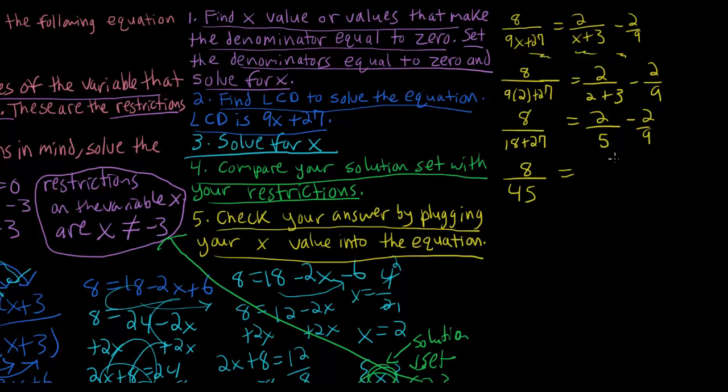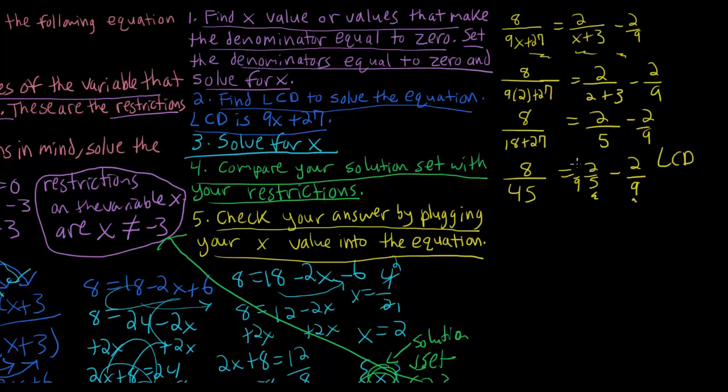equals, we have 2/5 minus 2/9, but we can't subtract these two fractions because their denominators are different. So we need to find an LCD, our lowest common denominator, and the LCD of 5 and 9 would be 45.